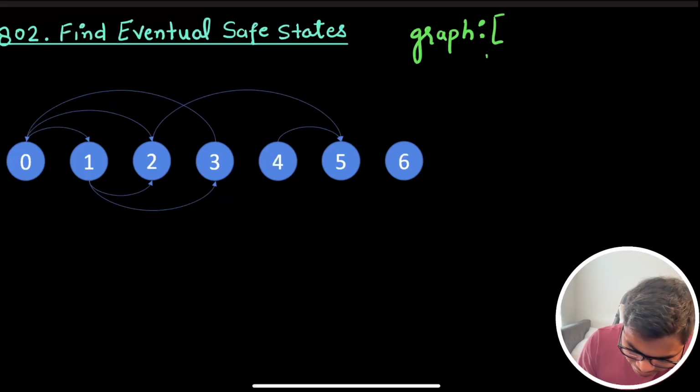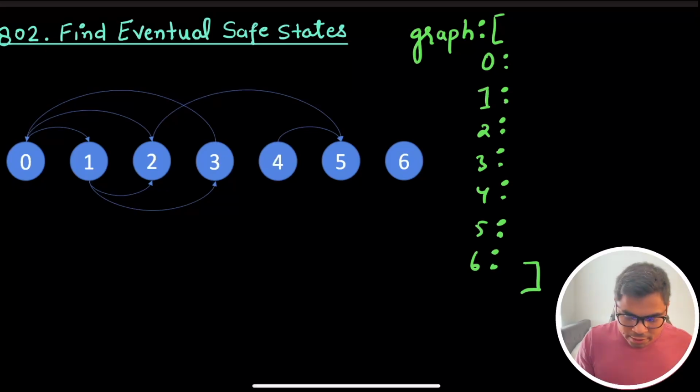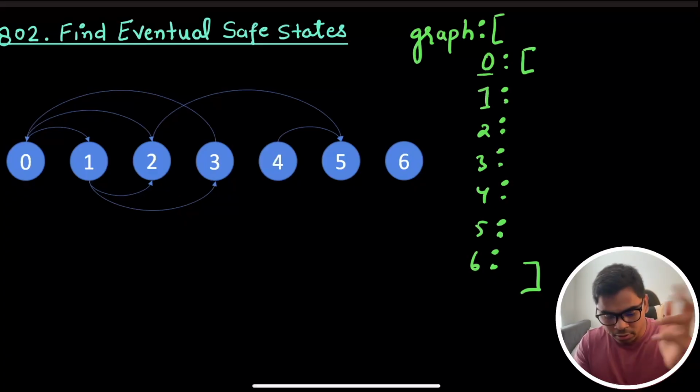Next to each index 0, 1, 2, 3, 4, 5 and 6, this is given as a 2D array, and each node is represented as an index starting at 0 going to n minus 1. Really important to understand. Here we are going to have the list of neighbors. So outgoing edges are going from this particular node or index to these neighbors.